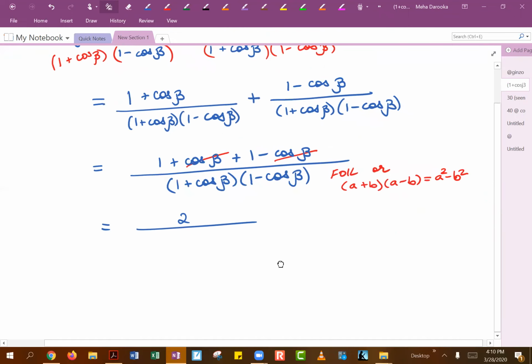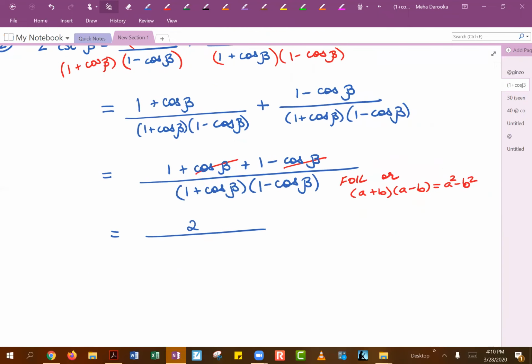And that will end up giving us a square would be the 1 square. So that's 1 times 1, which is 1. Minus b square will be cosine beta. So that's going to be cosine beta squared, or cosine squared beta. So you can do it this way, okay?